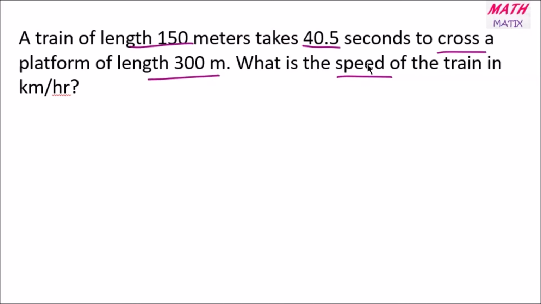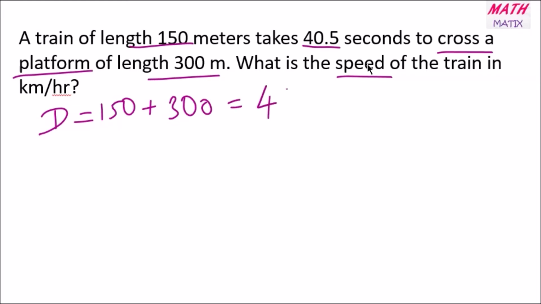Crossing a platform, the distance is the length of the train plus the length of the platform. So the distance is 150 plus 300 meters, equal to 450 meters.